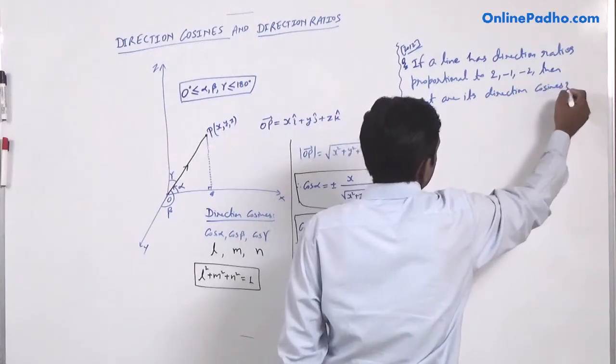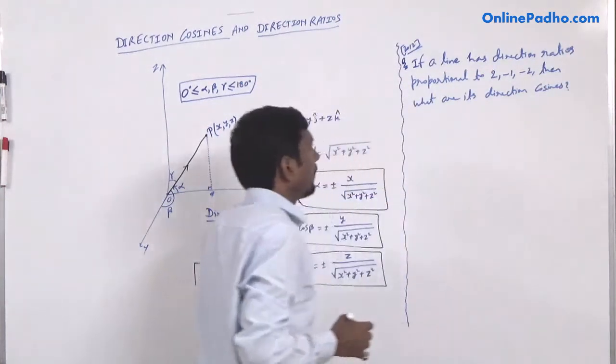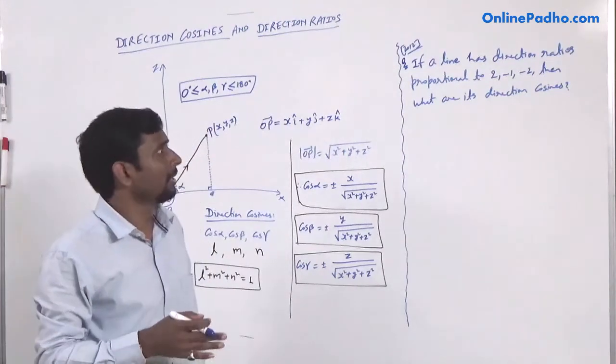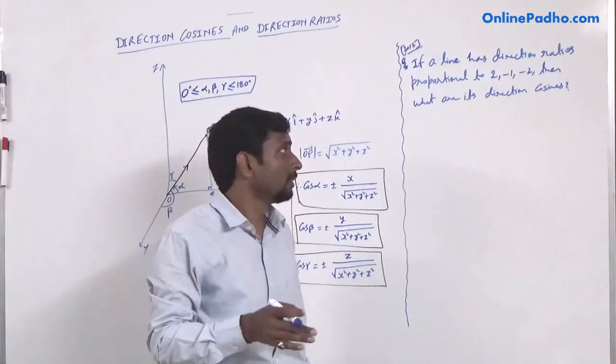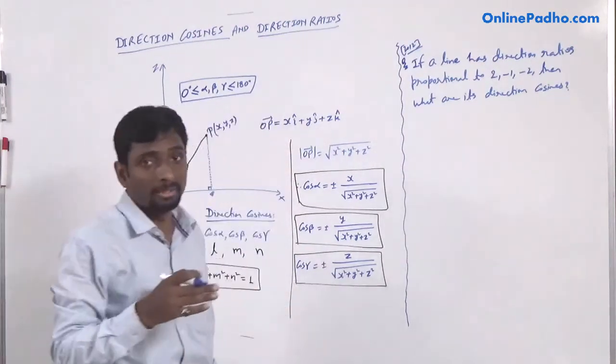If a line has direction ratios 2, minus 1, minus 2, how can you find the direction cosines?